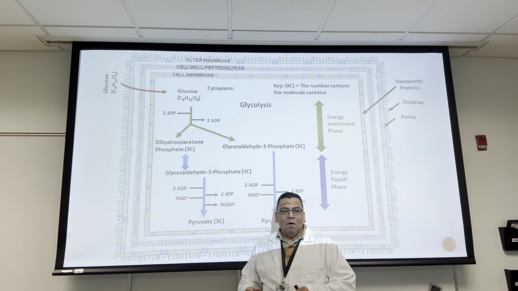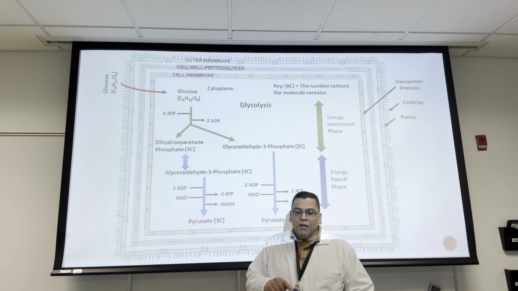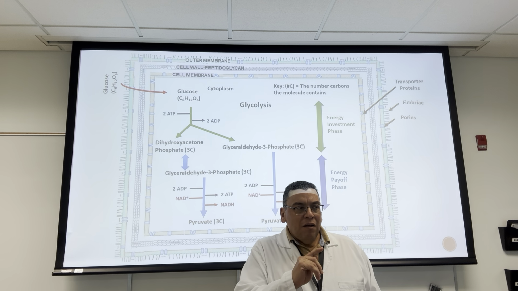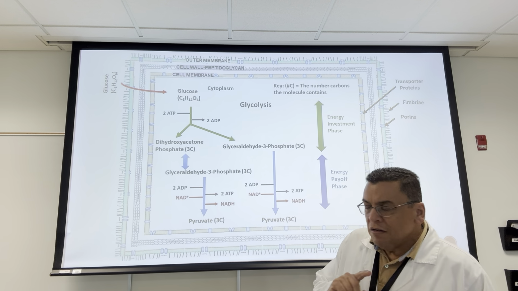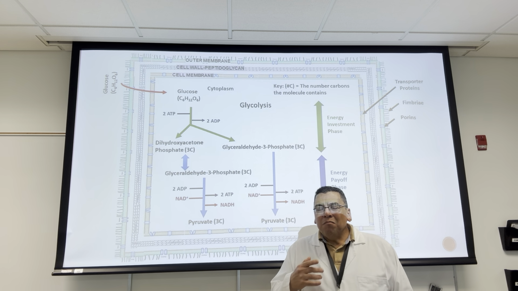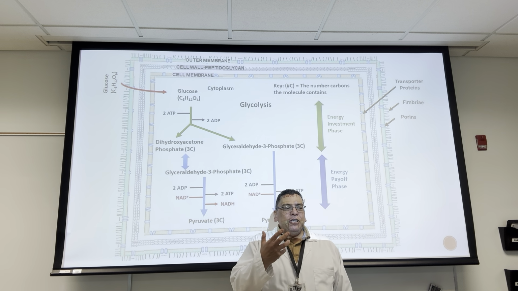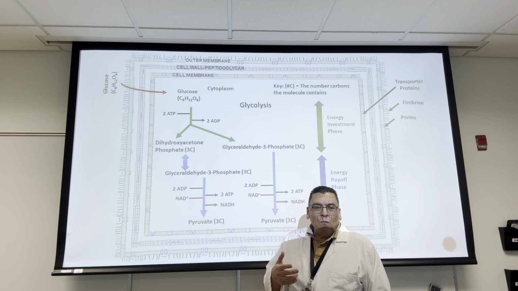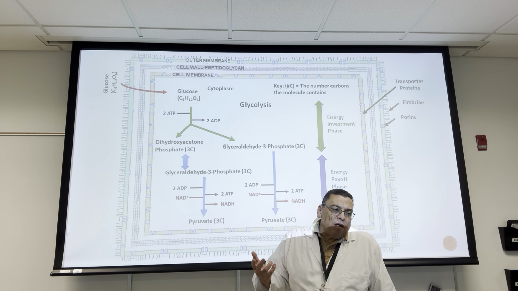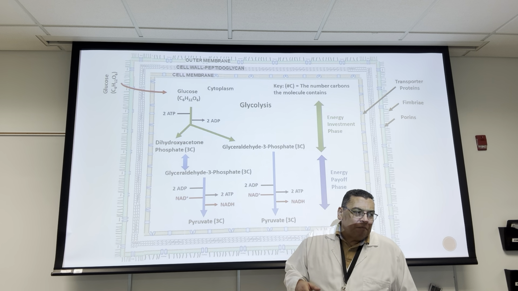So if you know one, you know the other one. And I will mention where they're different. And you'll notice most of the differences are going to be the location of things, where things happen.